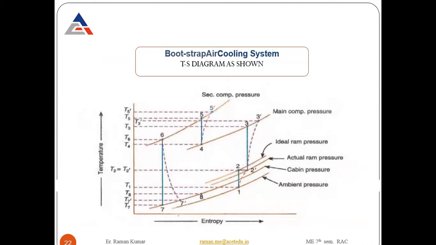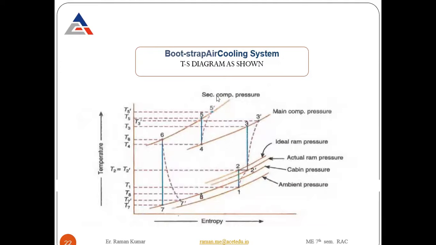T8 minus T7. No, T7 dash. T8 minus T7 dash. So here the refrigeration effect occurs, because when air passes through the cabin, it takes the heat load. So the refrigeration effect occurs at this place, T8 minus T7 dash. From here you can calculate the value of mass of air.